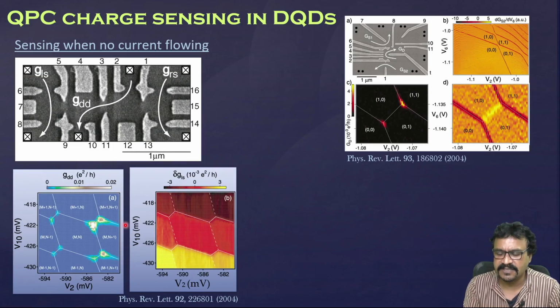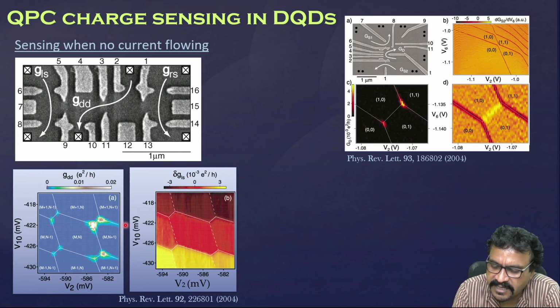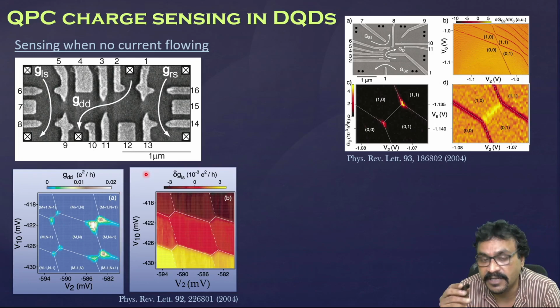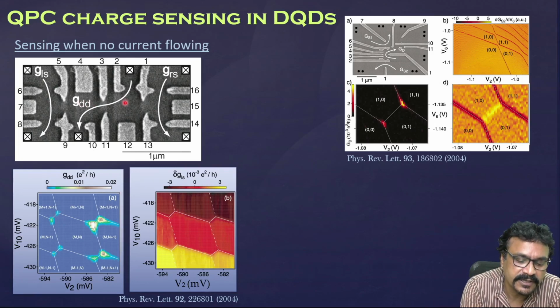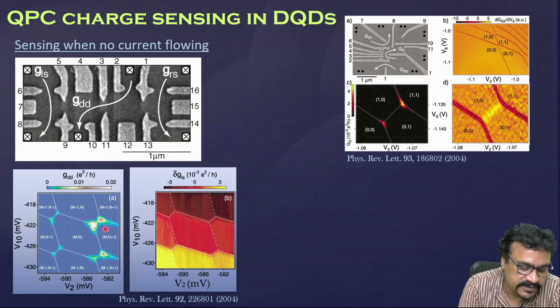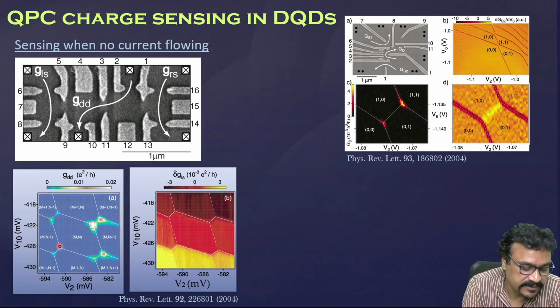We will discuss how to do that in a minute, but this is another example where you can measure the charge configuration of a double quantum dot, there are two dots here, using a charge sensor. This is the conventional charge stability diagram for a double quantum dot, where you see honeycomb shaped regions, and at the corners of this honeycomb you see currents.